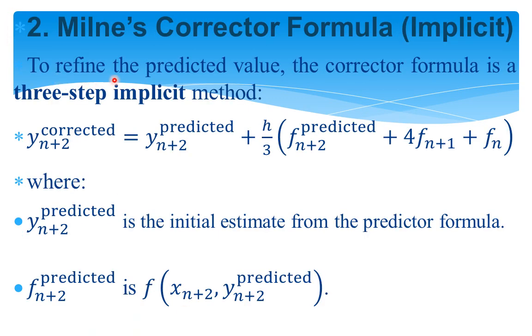To refine the predicted value, the corrector formula is a three-step implicit method. y(n+2) equals y(n) plus h upon 3 bracket f(n+2) plus 4f(n+1) plus f(n). What is f? f is the function.